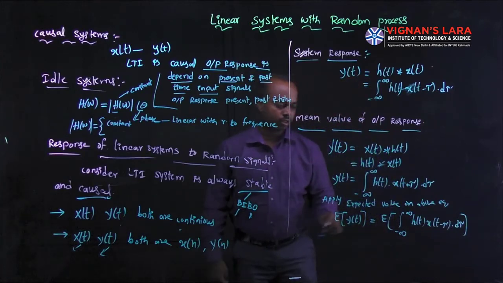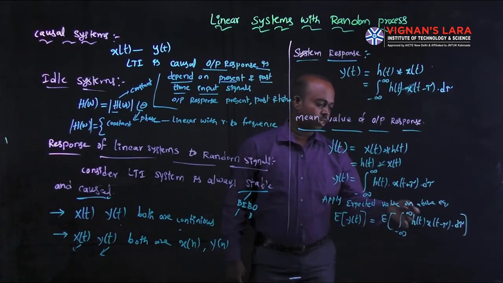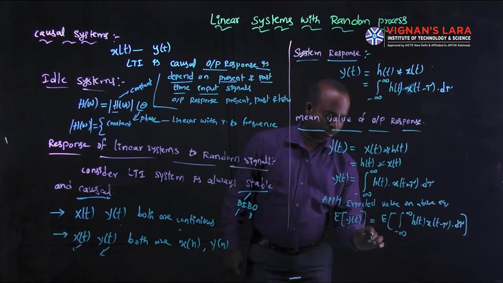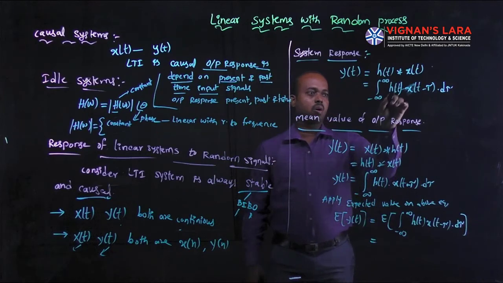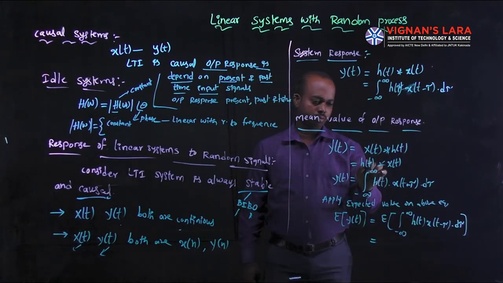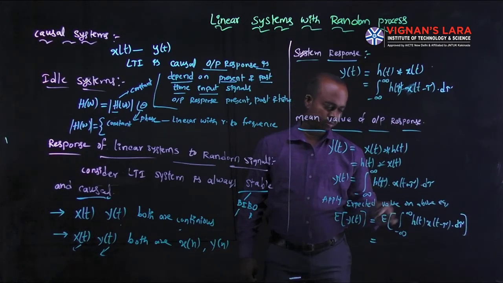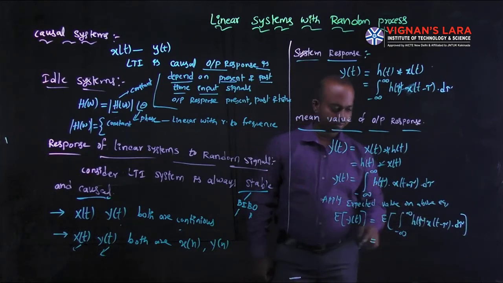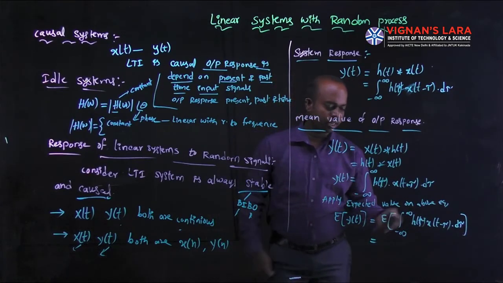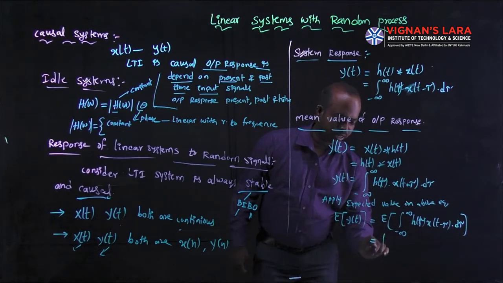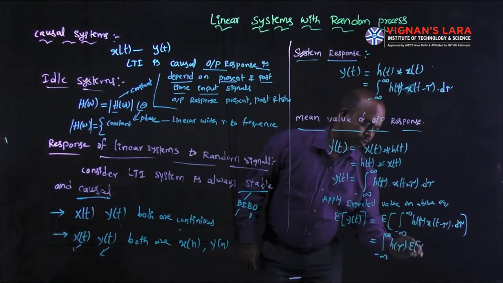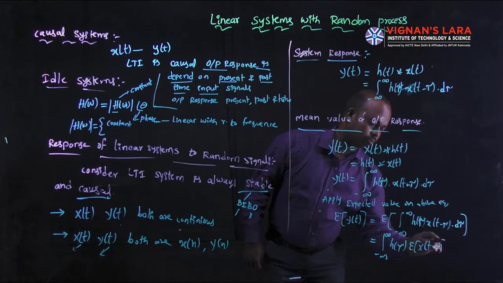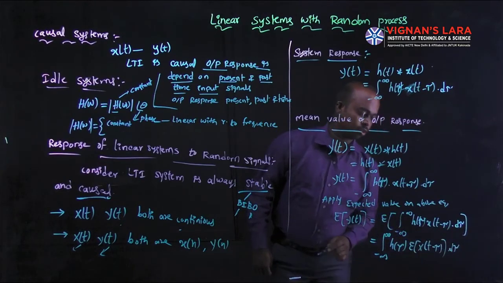You can move this expectation inside the integration. It's not h of t, it is h of tau. You apply the expectation where t is there, that is, the integral from minus infinity to plus infinity of h of tau times the expectation of x of t minus tau d tau.